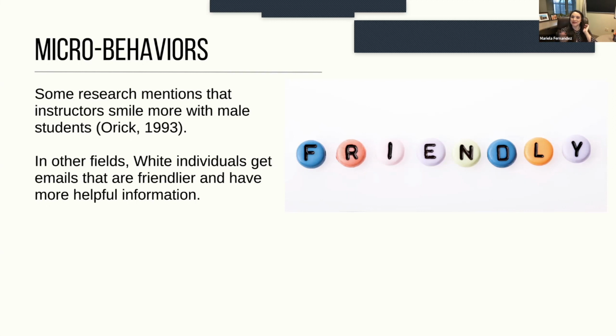So there was this really neat research study that they did. It was in real estate, and it was white families and Black families who had to contact a real estate agent through email, and they had the same questions that they asked the agent. Well, what happened is that the agent responded to the questions to both families, right? So the families at the end of the day got the responses that they were looking for.